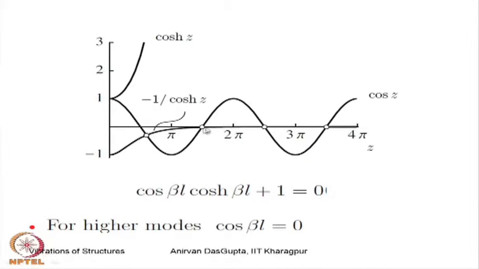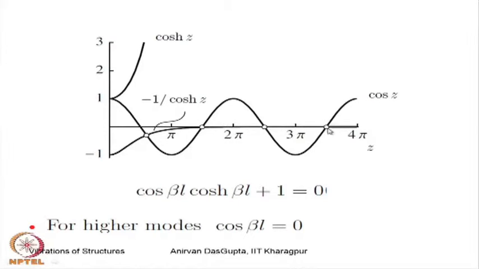Now, you can see that each of them, as I indicated, will tell us the circular natural frequency. For the higher modes, so higher frequencies, you see this 1 over cos hyperbolic z falls off very fast to almost 0.